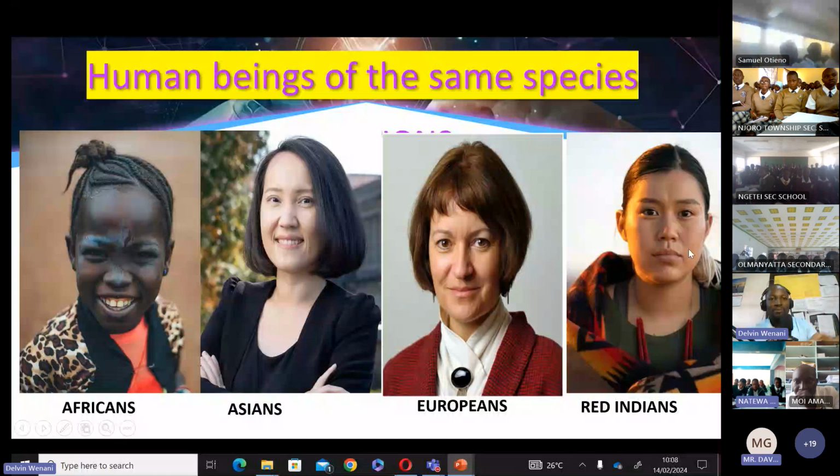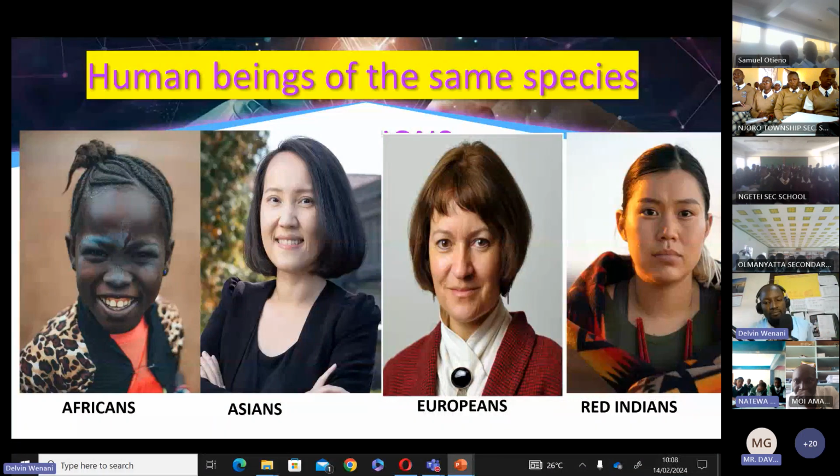Yet they are all human beings, they all belong to the same species, Homo sapiens. But looking at them, you'll see some characteristic differences amongst them. We say that is variation: members of the same species but with differences in appearance.